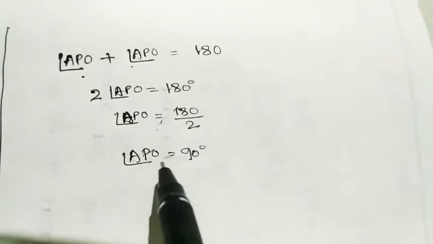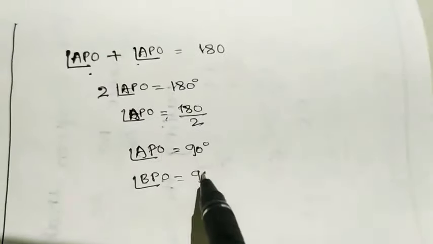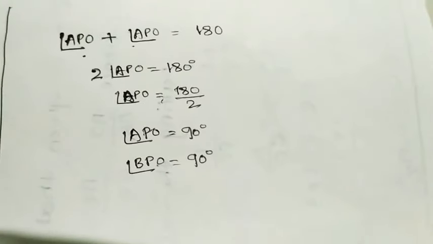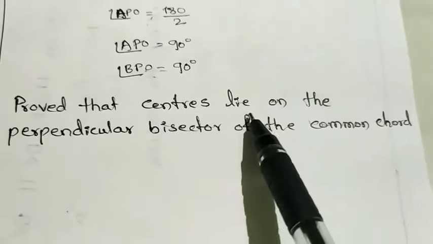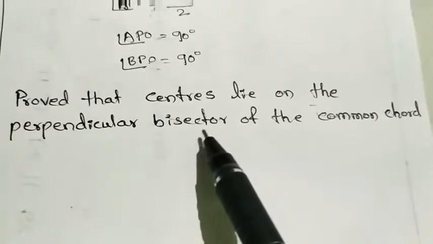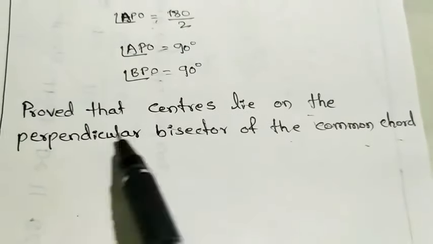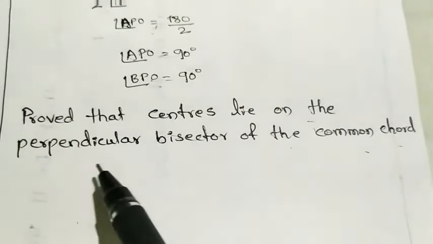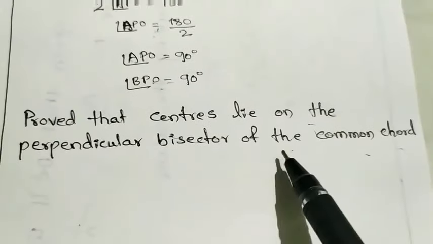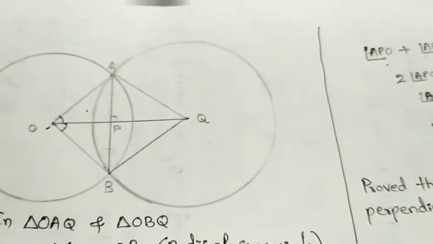So whenever APO is 90 degrees, then BPO is also 90 degrees. So by this we will get that, here proved that centers lie on the perpendicular bisector of the common chord. How we said it is perpendicular? Because here we are getting 90-degree angle, so that's why that is perpendicular bisector. As well as here in that diagram we can say that BP equal to AP, also bisector.